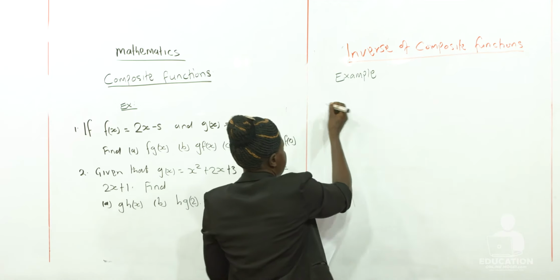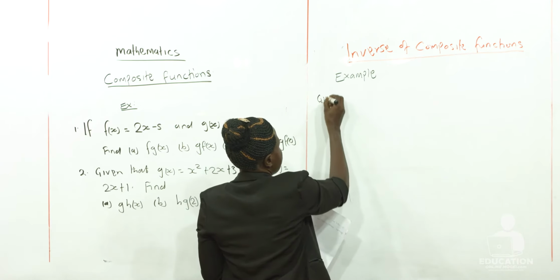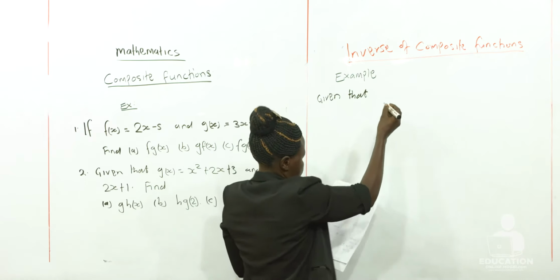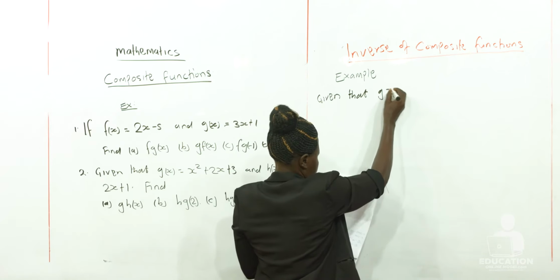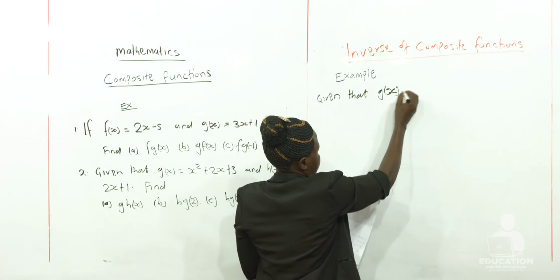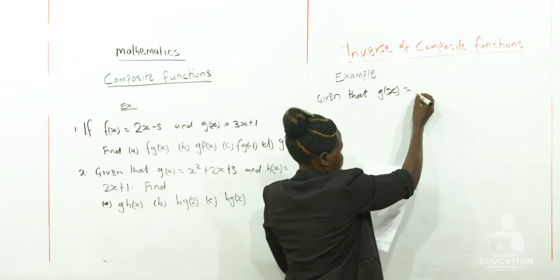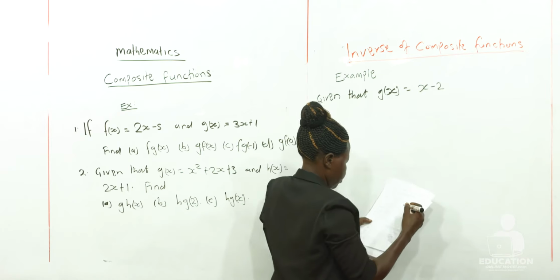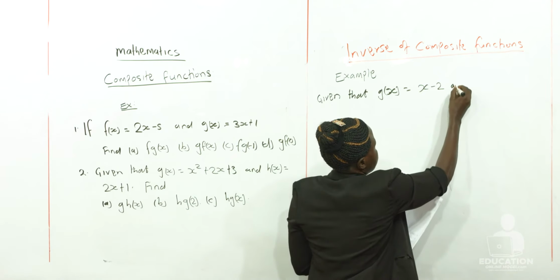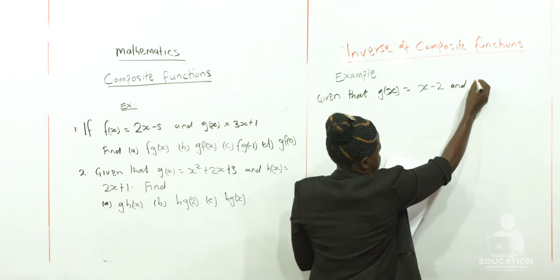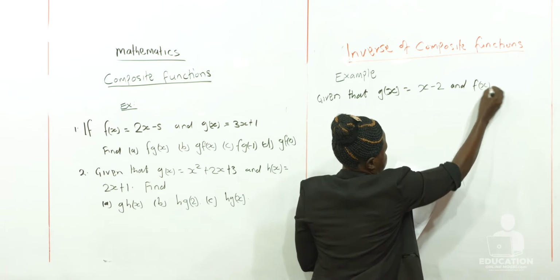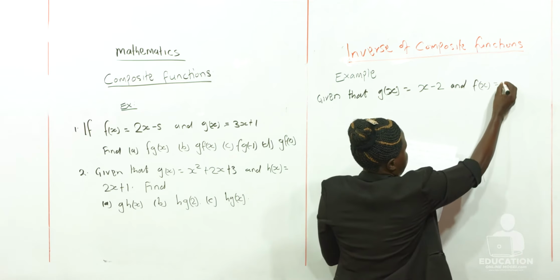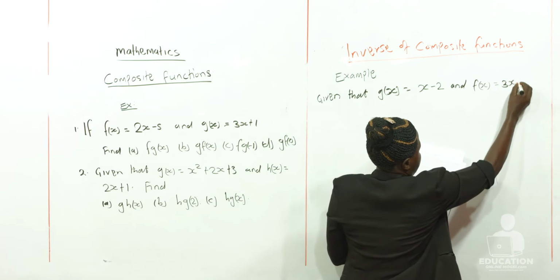So look at example 1. They say given that g(x) equals x minus 2, and f(x) equals 3x minus 1.